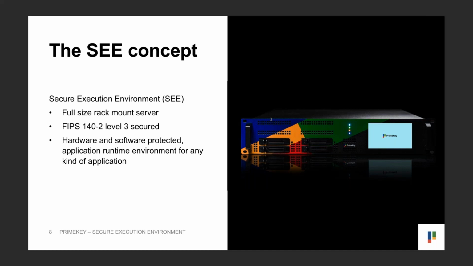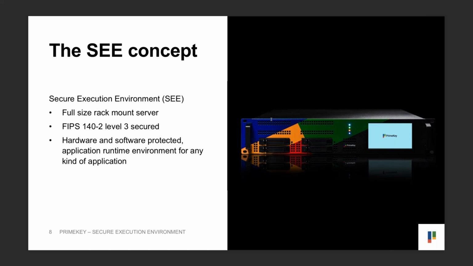So here's the concept of the secure execution environment. As you see in the picture on the right side, we're talking about full-size rack-mounted servers, 2U high, and this server has to be FIPS 140 level 3 secured. That's all.